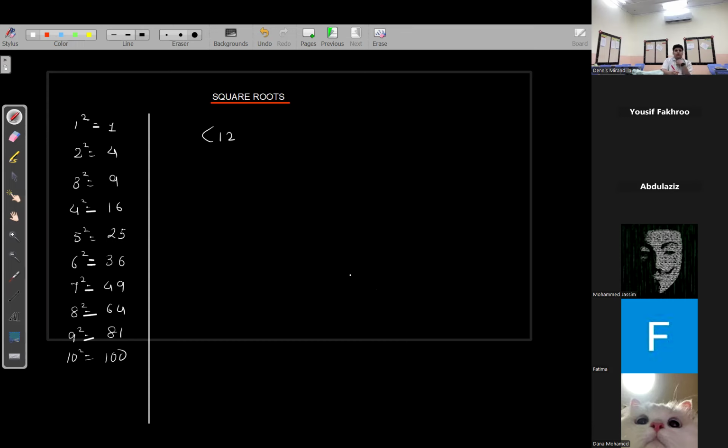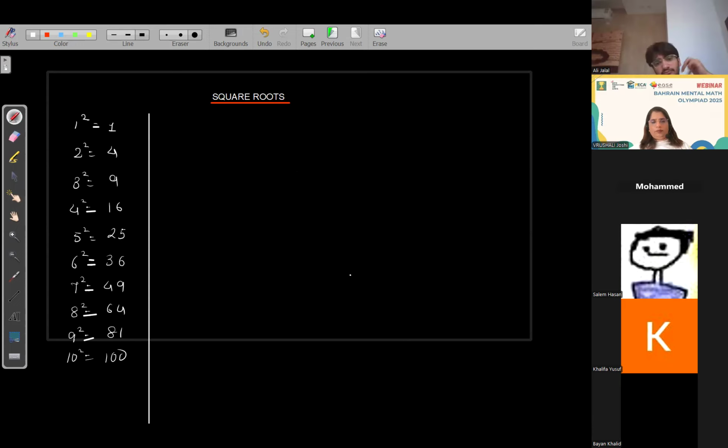You mean 1, 2, 3, 4, 5, 6, 7? You mean square root or square? Yes, square root. So let us learn. We are learning square root. We will see how to do that.